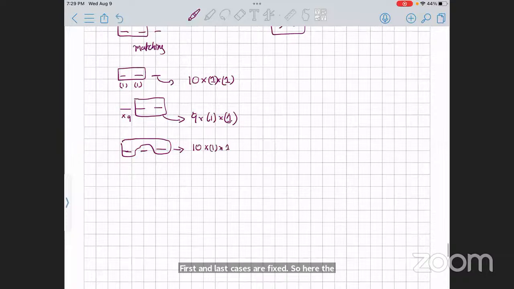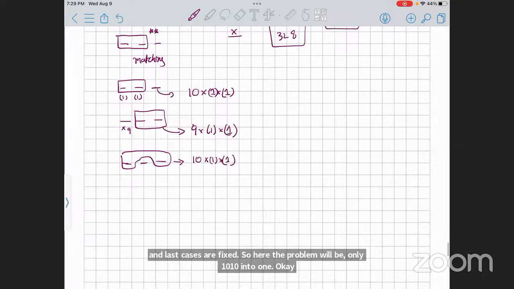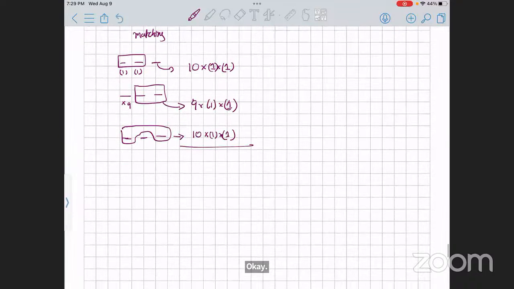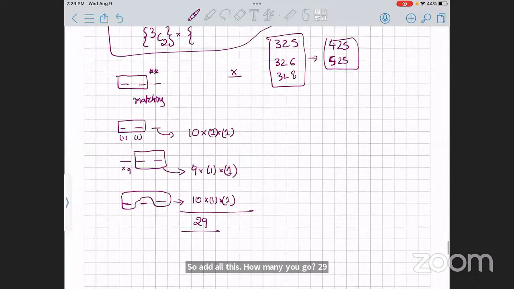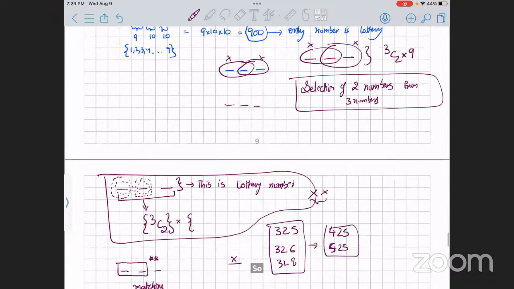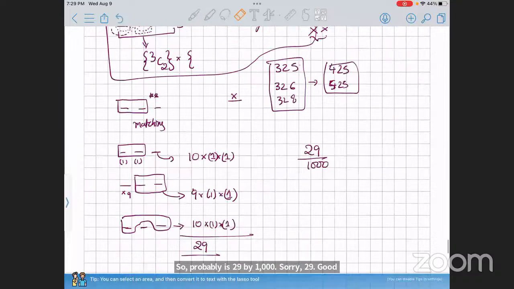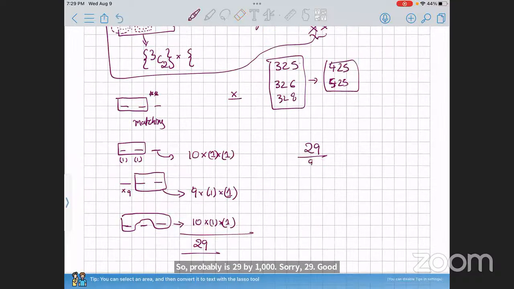Clear, everyone? Add all this. How many you got? 29. So probability is 29 by 1000. Sorry, 29 by 900. Clear, everyone?